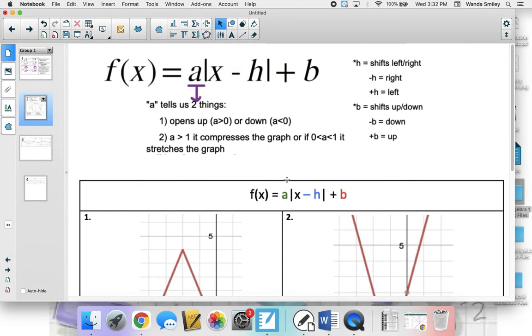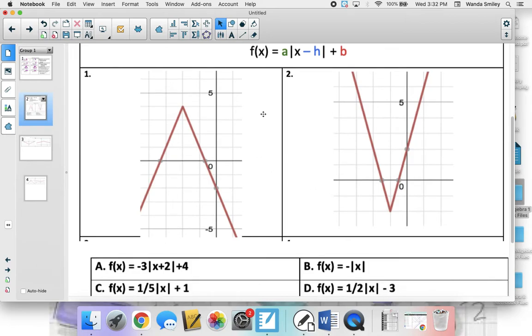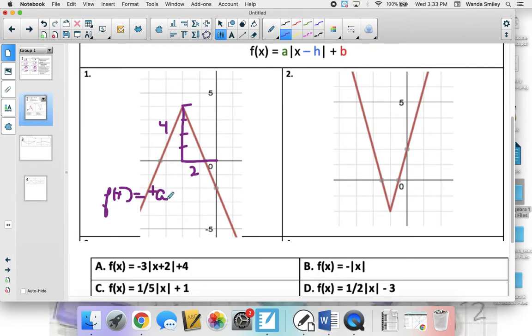All right, so I know there's the equation where it's got the A and the H and the B and the different colors. All right, so on number 1, you will notice that we shift it to the left 2 and up 1, 2, 3, 4. So we go up 4. Okay, so that means in my equation f of x, I can see that it opens up, so I know I have a positive A, right?